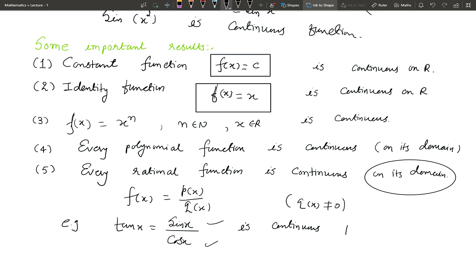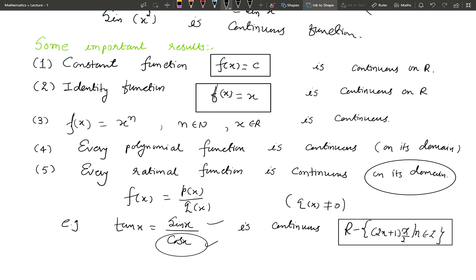Now the domain is R minus, we have to remove zeros of the denominator. So R minus (2n plus 1) into pi by 2, where n belongs to Z. You can also take (2n minus 1) into pi by 2. So tan function is continuous on its domain, meaning where it is defined: R minus zeros of the denominator, (2n plus 1) into pi by 2, where n belongs to Z.